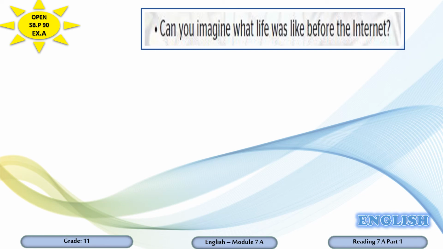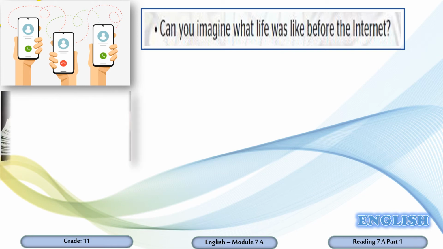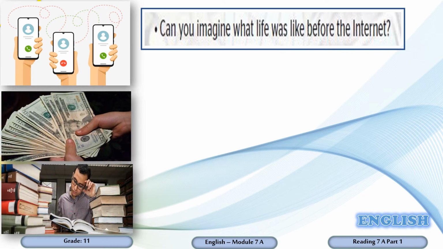Now, dear students, let's discuss question number 2. Can you imagine what life was like before the internet? Before you answer this question, please look at these 3 pictures. Let's ask a question about the first picture. How was communication before the internet?